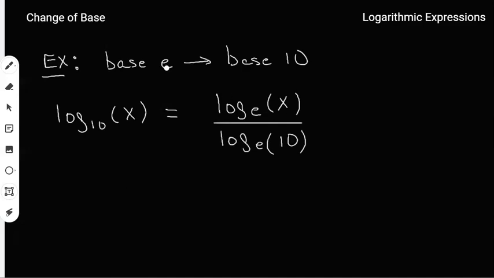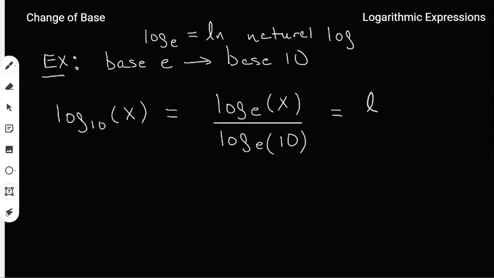Now, when we're dealing with base E, we can typically write that as log base E, which is the same thing as the natural log. So a natural logarithm is always going to have a base of E. And here, since we're converting from base E to base 10, we can change log base E into natural log.